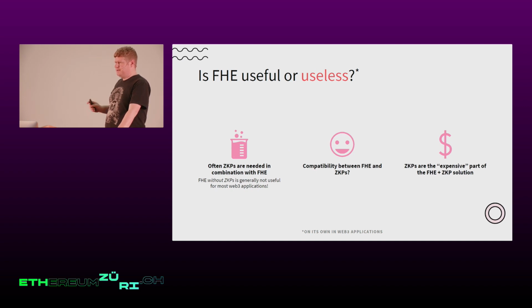So FHE on its own is actually not useful in Web3 because everyone can just print money and do all kinds of things that violate the system. So you have to have zero-knowledge proofs to go along with it. And unfortunately, zero-knowledge proofs are the expensive part of all this computation.